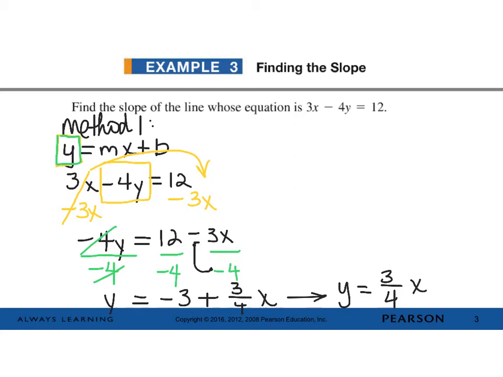And then because the 3 is negative, that's the same as saying subtract 3. So this is the equation, and this is the slope, because we know that this is y is equal to mx plus b, and that tells us that that value 3/4 is the value of the slope.